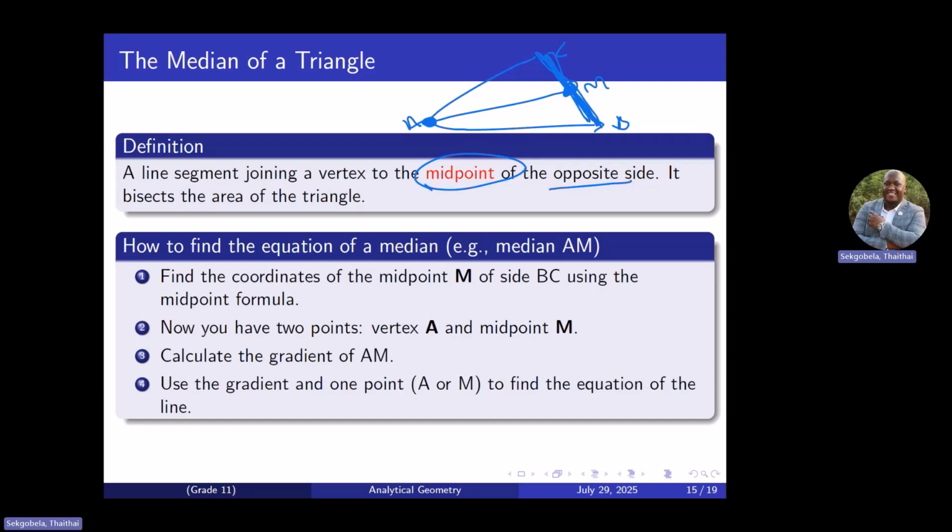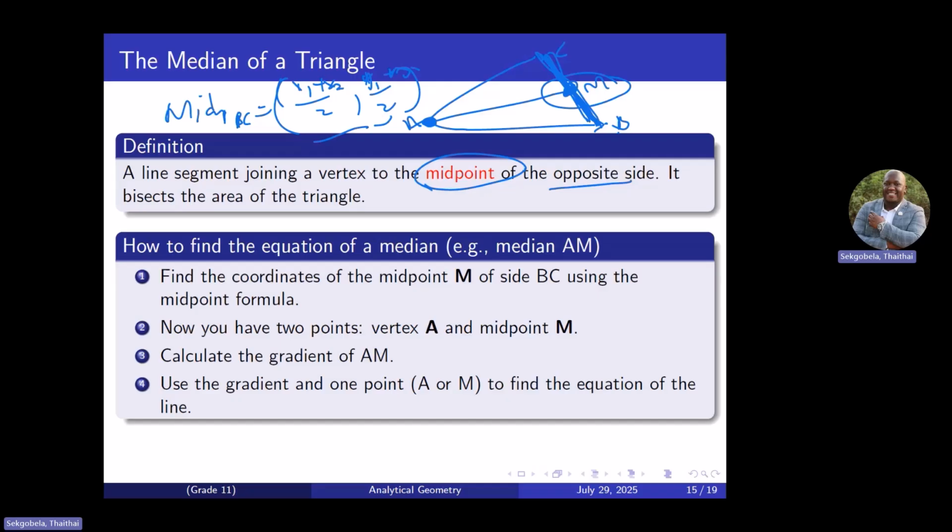We have seen how to find the midpoint of points B and C. It will be (x1 plus x2) over 2, and then (y1 plus y2) over 2. By doing this, you will find the midpoint that is in between the two.